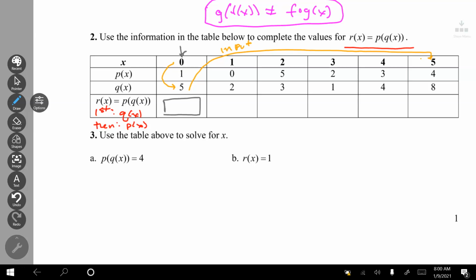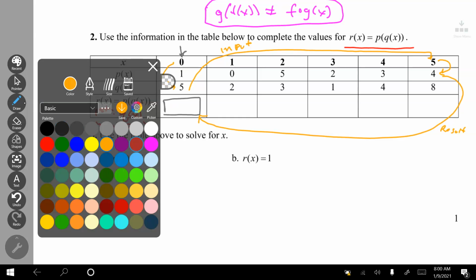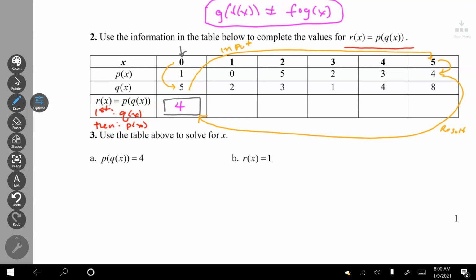And now I have to do the p, and that p result is when x equals 5, p is 4, and then it comes all the way here, and my final result goes right in here. I'll do it in pink. 4.